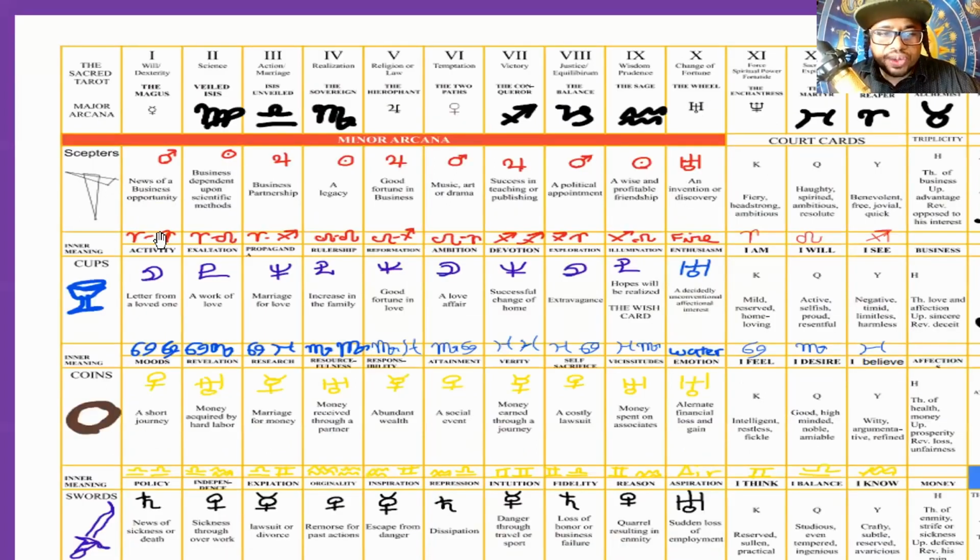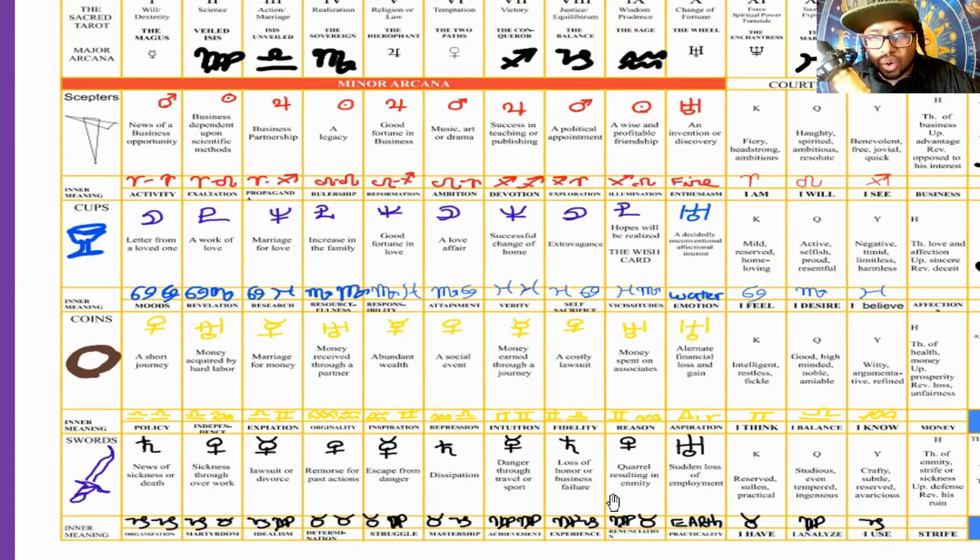But 1 through 9 in your suit of scepters, 1 through 9 in your suit of cups, 1 through 9 in your suit of coins, and 1 through 9 in your suit of swords.